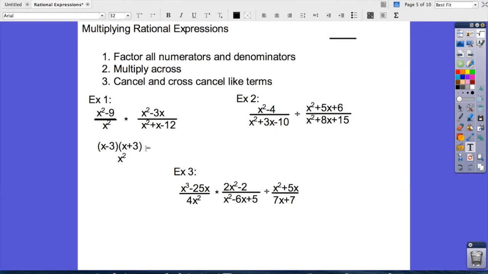We factor to the right of the multiplication sign, we have x times the quantity x minus 3, all divided by x plus 4 times x minus 3.